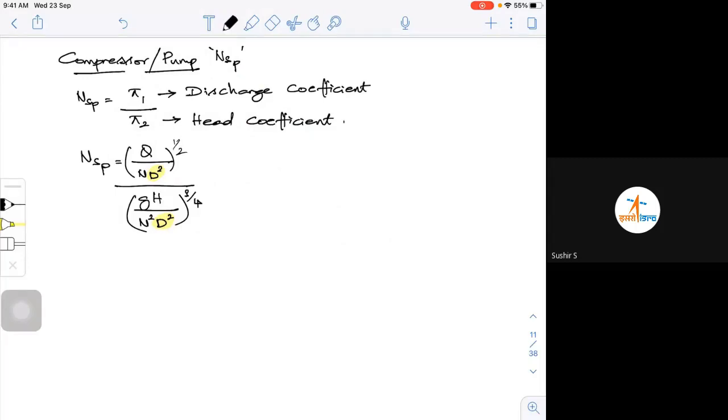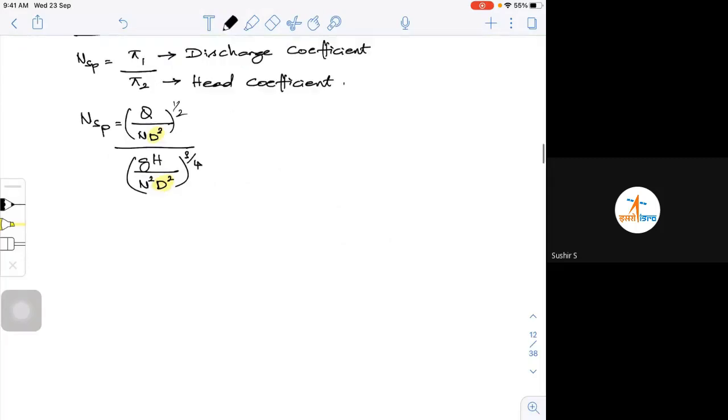So I get Q to the power of 1 by 2 divided by N to the power of 1 by 2, and N to the power of 3 by 2 divided by G to the power of 3 by 4, H to the power of 3 by 4.